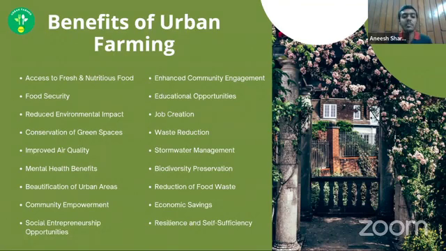So next is mental health benefits. Another benefit of urban farming is that it reduces the mental pressure on your brain from continuously having a circle of 9 to 5 jobs. It basically reduces the impact on mental health as well, because you can see how you feel by visiting any natural landscape, by visiting a forest.